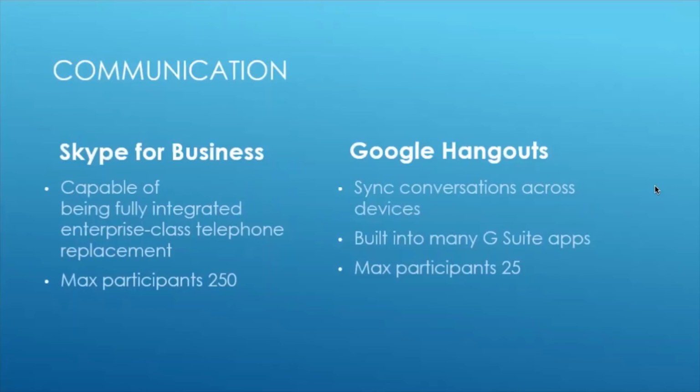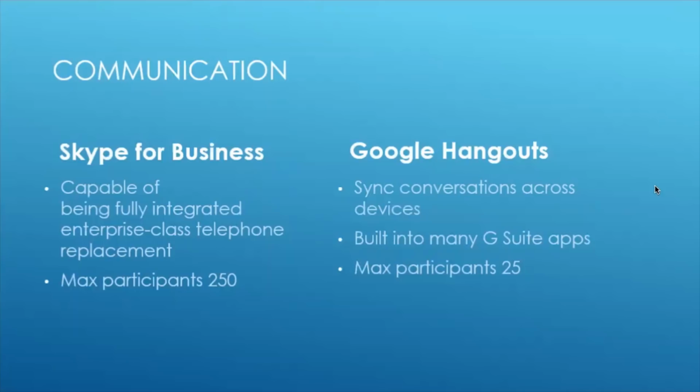Skype for Business is pretty new, and from using it myself, it is fantastic. It's gorgeous. The user interface is very clean, very simple, and very easy to navigate. It is capable of being fully integrated into an enterprise class telephone replacement.